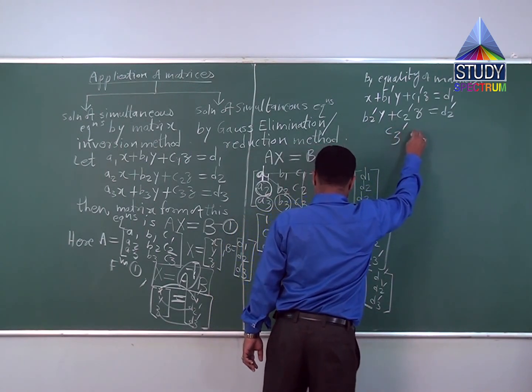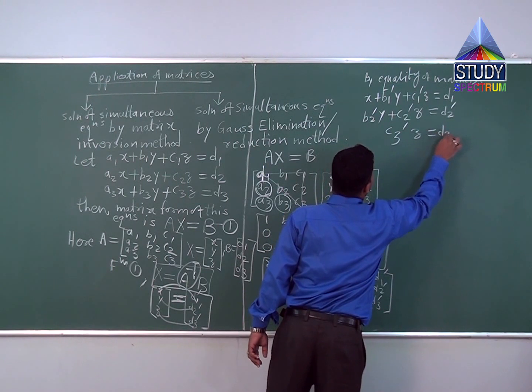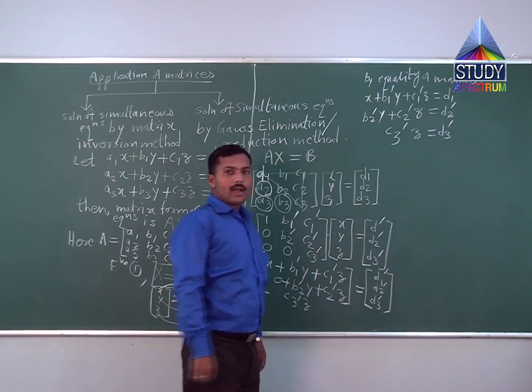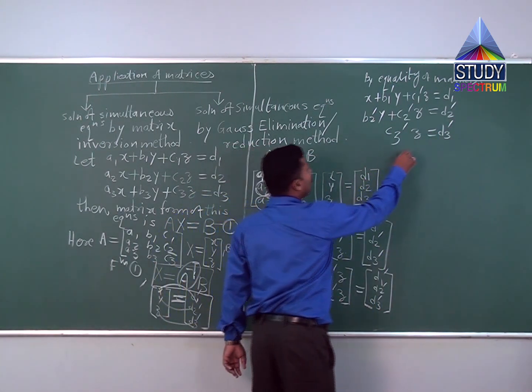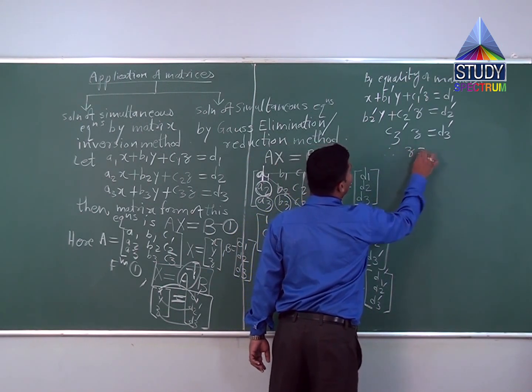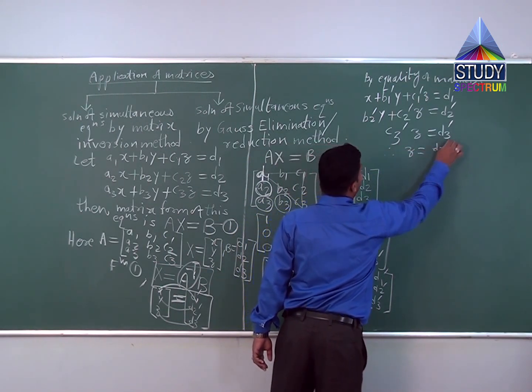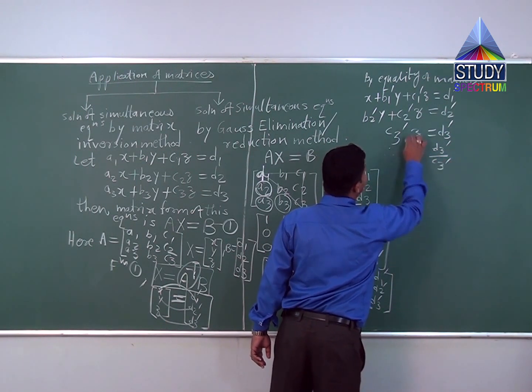Therefore z equals d3 dash upon c3 dash.